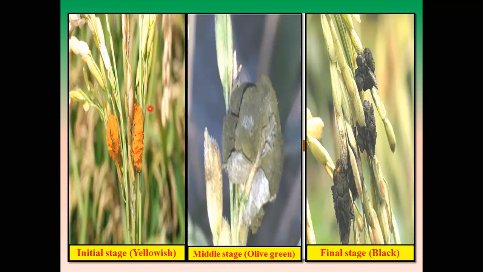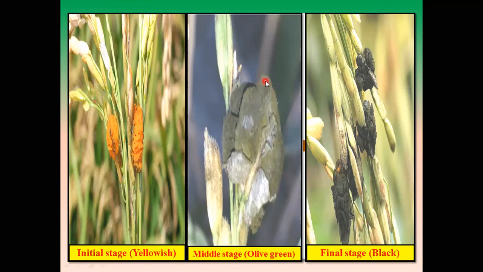Okay, so after heavy infection, these orange or yellow membrane-covered spore balls rupture or burst. So this yellow or orange color looks olive green in color. Means this is the initial infection of the pathogen. These infected smut spores are generally yellow in color.